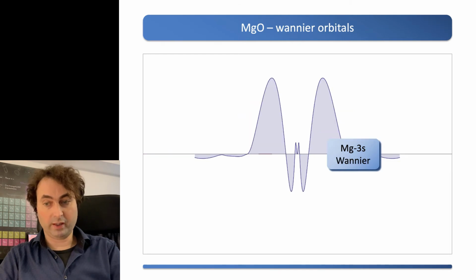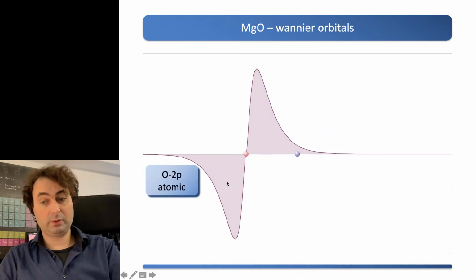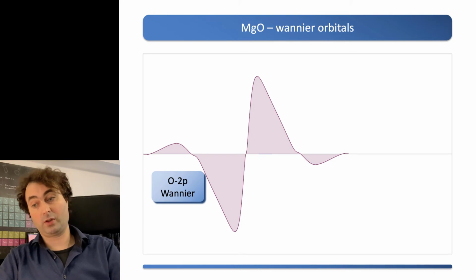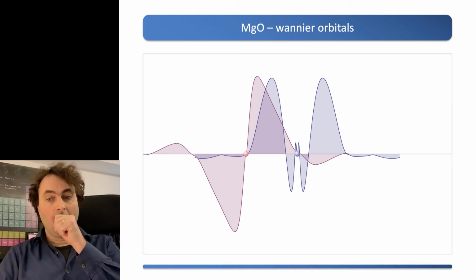And these are then your atomic basis functions. We can now make Wannier functions. And now you see that I made sure that I have nodes at the nearest neighbor atoms, and the same for the oxygen 2p wave function. And these wave functions are now nicely orthonormal to each other.